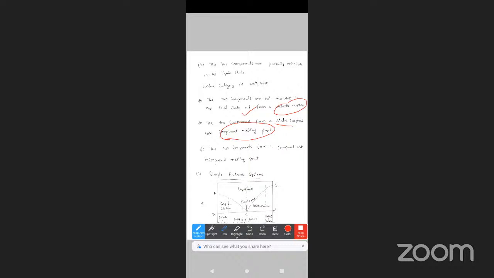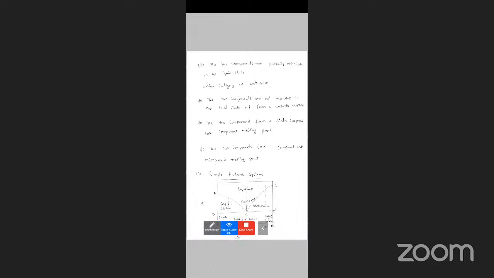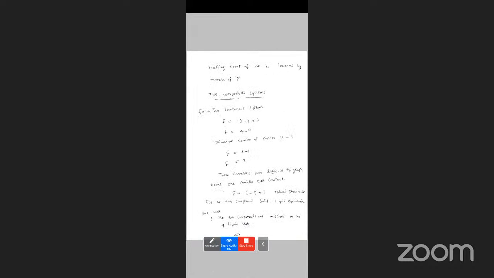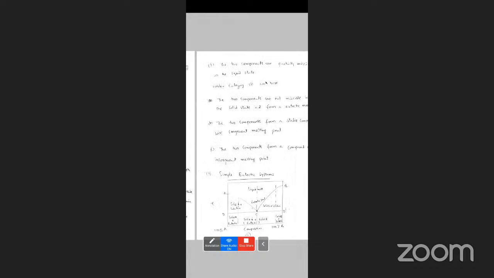And the third category is the 2 components form a compound with an incongruent melting point. So these 3 we have according to the first one, that is, the 2 components are miscible in the liquid state.